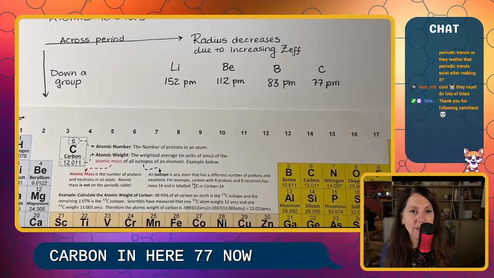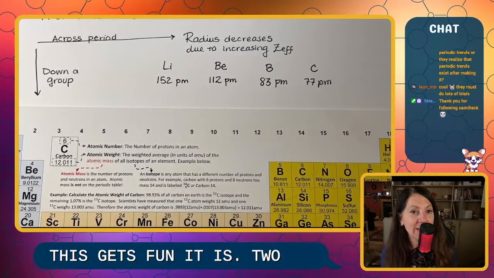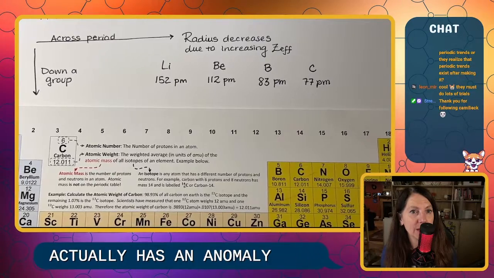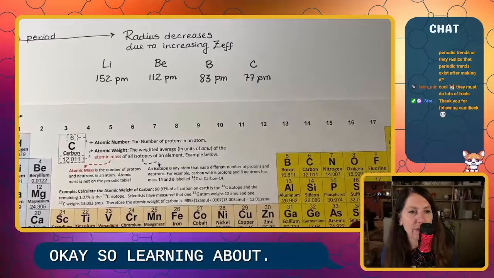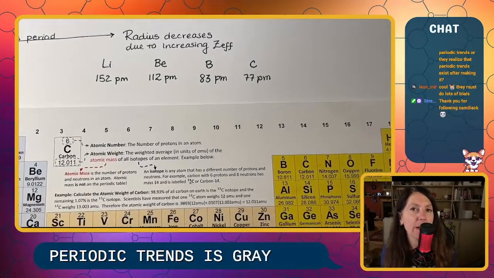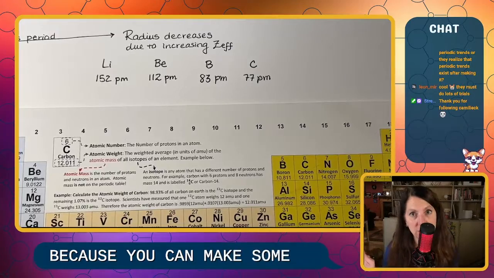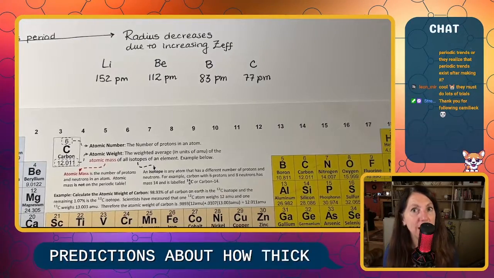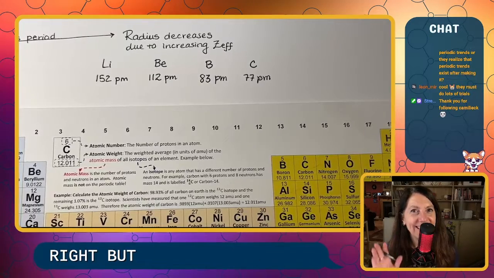Now, where this gets fun is period 2 actually has an anomaly. Okay, so learning about periodic trends is great because you can make some predictions about how things will behave. All right? But trends are just that.